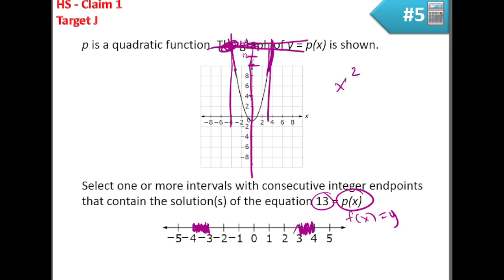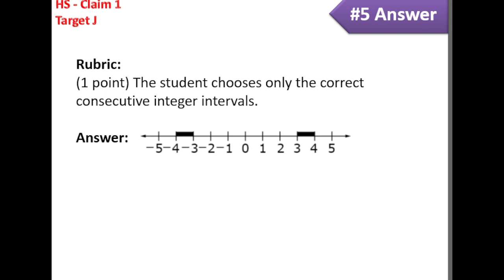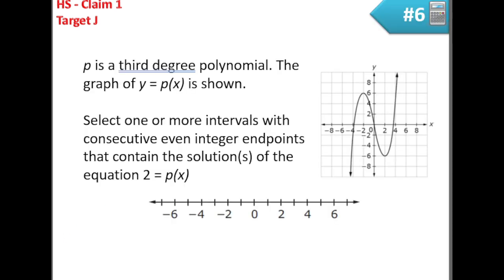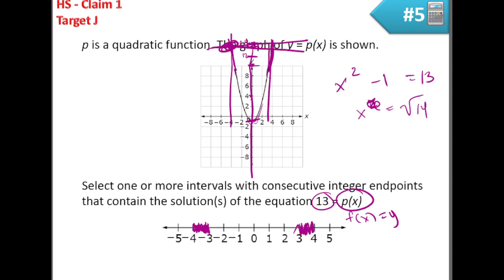Because the graph of this is x squared minus 1. It's x squared because the middle is here, and we just went down 1. So if our y equals 13, it'd be x squared equals 14, so x equals square root of 14, which will be around these numbers, -3, -4, and 3 and 4. So right here. So if anything, you can just approximate it.